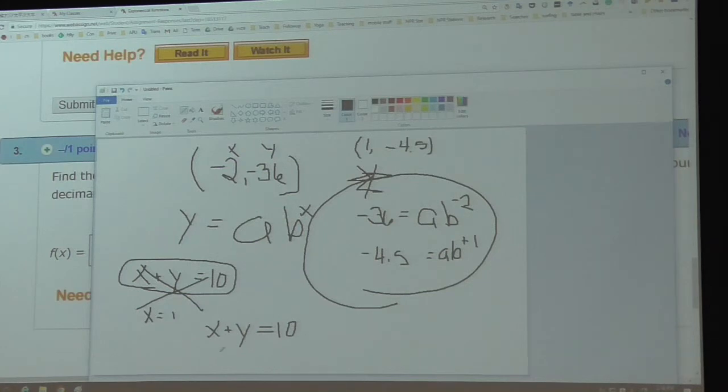If I gave you two equations, like x plus y has to equal 10 and x plus 2y has to equal 4, now probably there's only one solution, right? Because this is a line, this is another line, and they intersect in just one place.